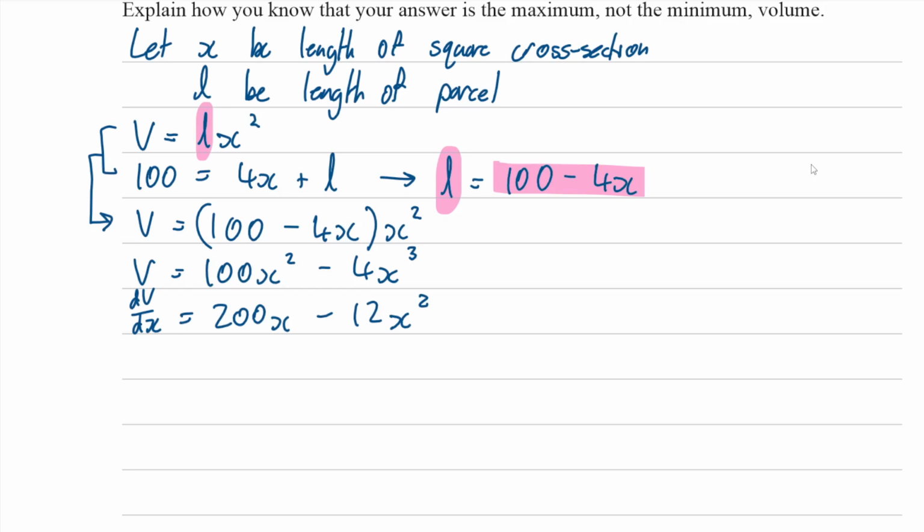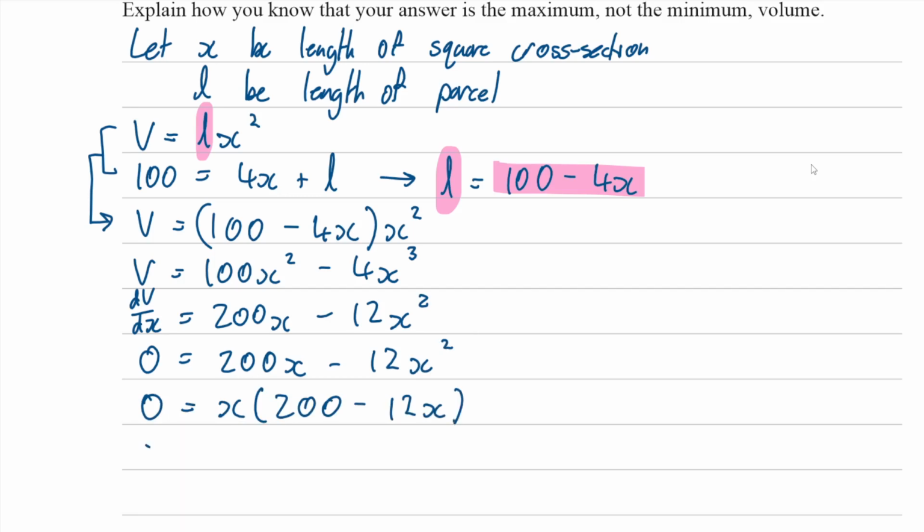And we know this must equal 0 for the turning points. So factorizing, common factor of x. So either x will equal 0, or 200 minus 12x equals 0. So x equals 200 over 12, which is 16.67.